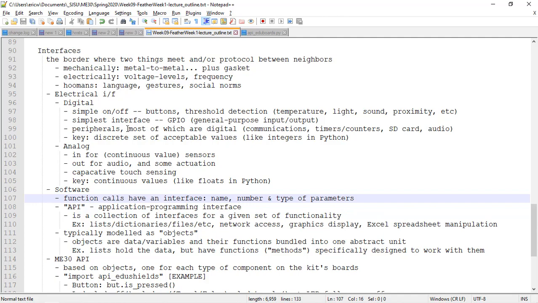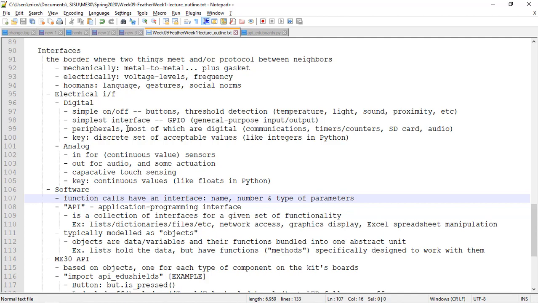So one thing you've seen already, and we've never talked about it explicitly, is that a lot of these application interfaces are modeled as objects. Objects are basically data, variables, that have functions bundled into the data, and they're treated as an abstract unit.